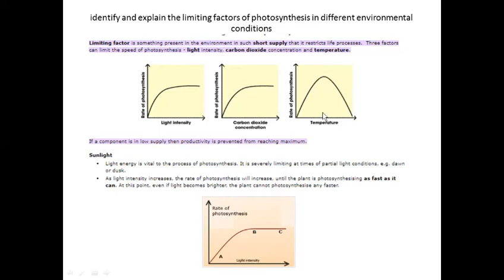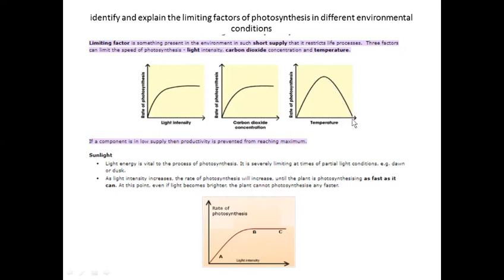If you further increase the temperature along the x-axis, you can see the rate of photosynthesis is going down, meaning the enzymes are getting denatured and damaged. And once the enzyme is denatured or damaged, the reaction is going to stop. You see here, firstly this line is going down. It means the rate of photosynthesis is going down, and it reaches the zero point.